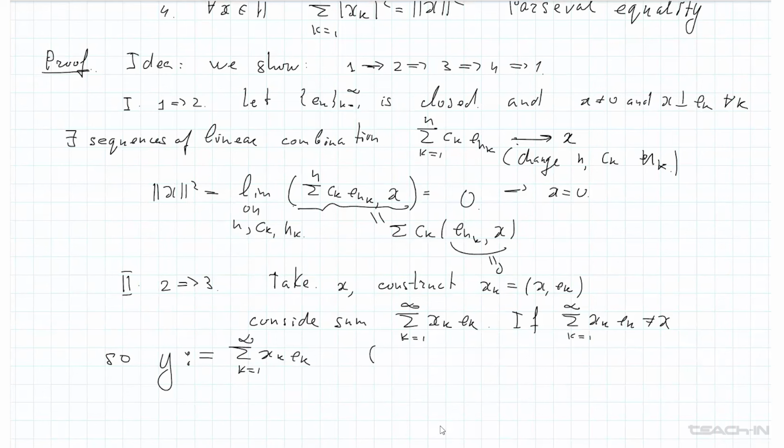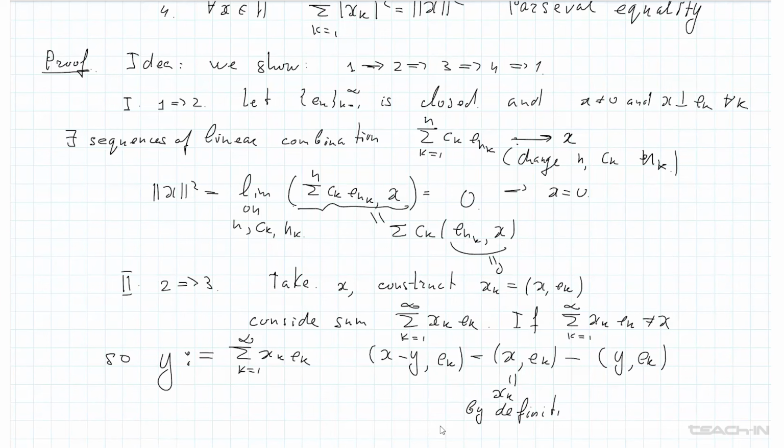Then consider this scalar product. It equals x_k by definition, and it equals x_k by construction of y. So the difference equals 0.